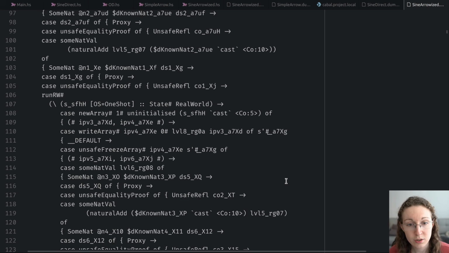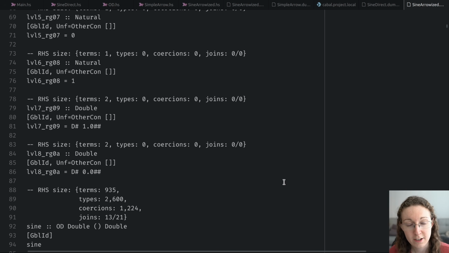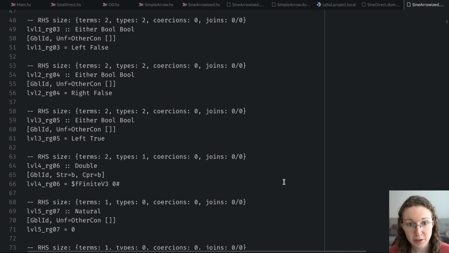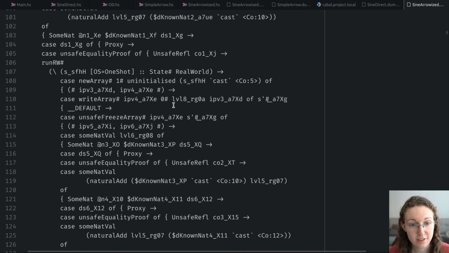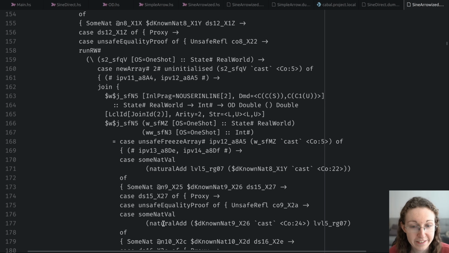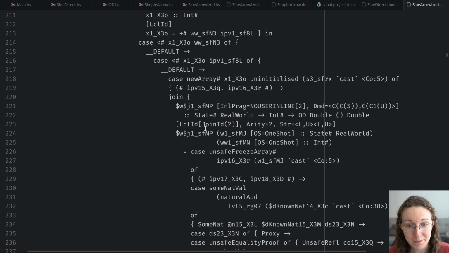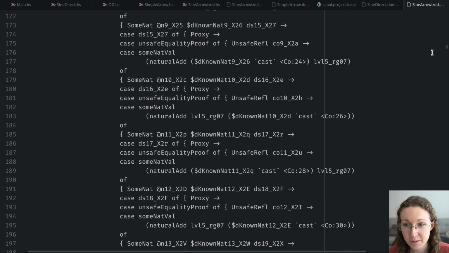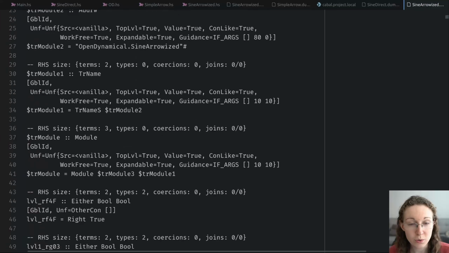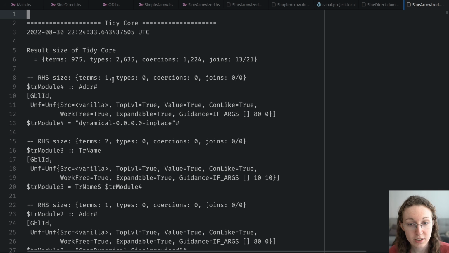Actually understanding what's going wrong here is a little bit tricky because there's quite a lot of code that gets generated, and it's relatively heavily optimized. Lots and lots of things have been inlined. So there's a few things that we could do to try and understand where things are going astray.